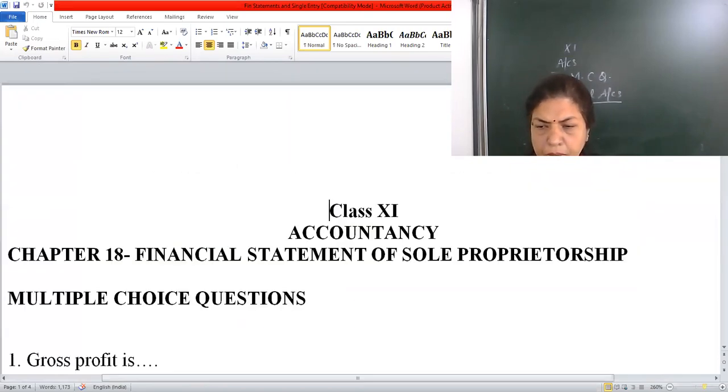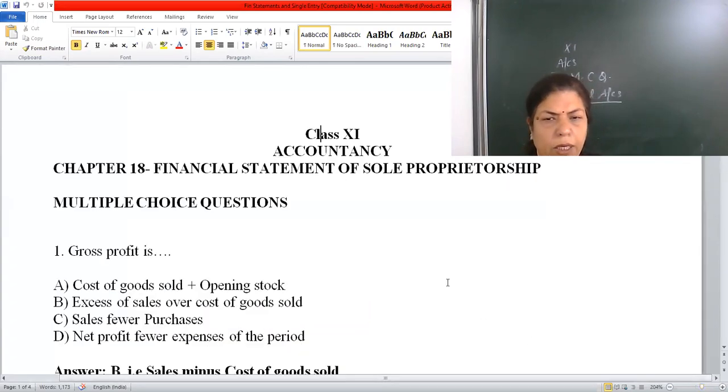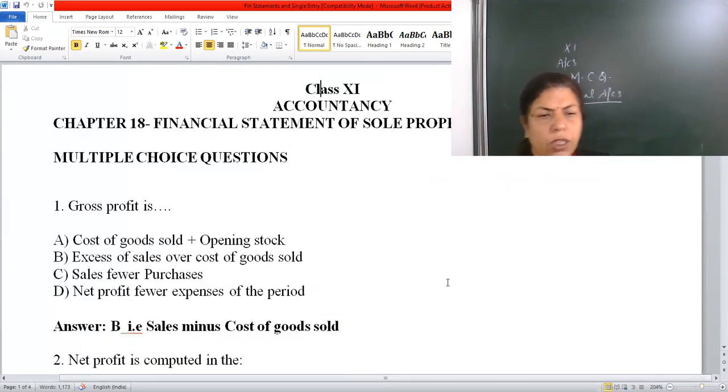So you can come to know how the questions can be formed in MCQ format. One by one. Revision. Gross profit is.